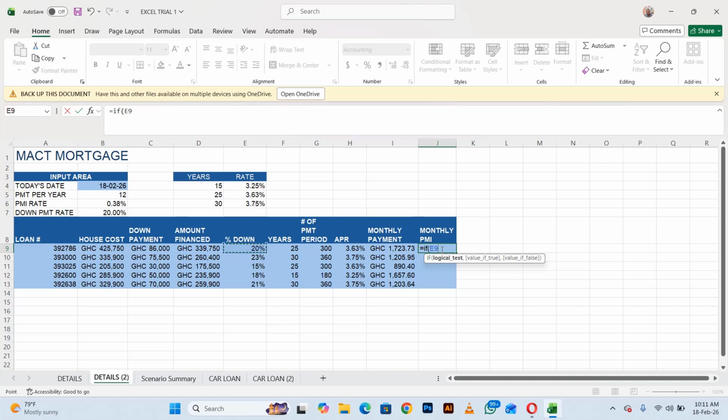If this is less than or equal to this, which is the 20%, and we locked it, then it is this rate, which we lock, times the amount financed. It's always on the amount financed. But if it is not, then it's zero. You're done.